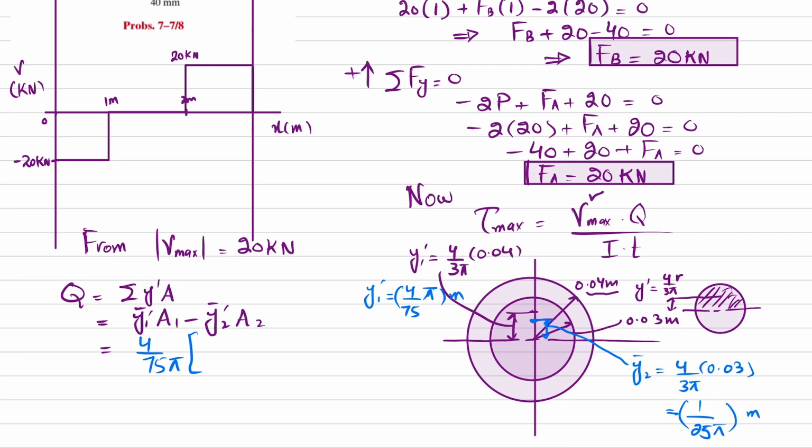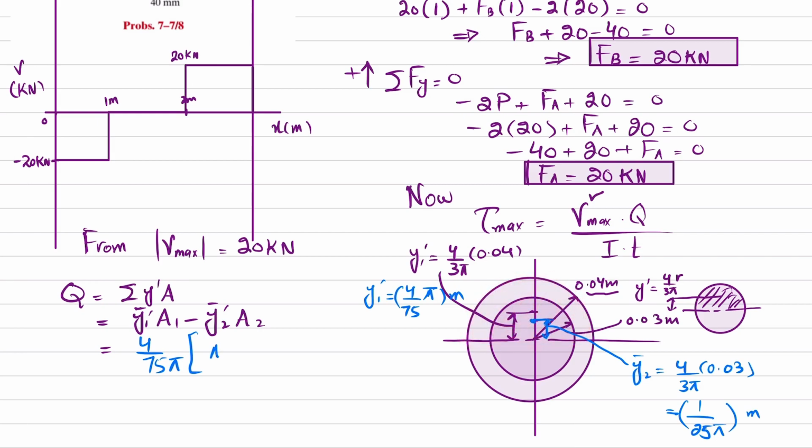Area for this semicircle is pi by 2 r square, because this is a semicircle.